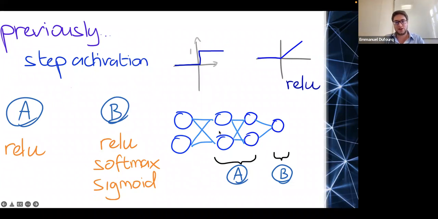If we consider this little neural network, here A denotes the hidden layers, and I'm suggesting that you use the ReLU activation function. For B, which would be the output, the activation function would differ from problem to problem. For a classification problem, you would use softmax most likely. In a binary classification problem, maybe you would use sigmoid. And for different problems, you might use different activation functions.